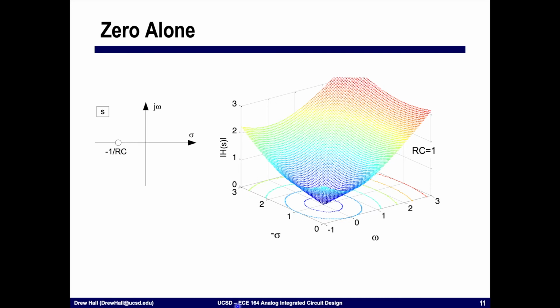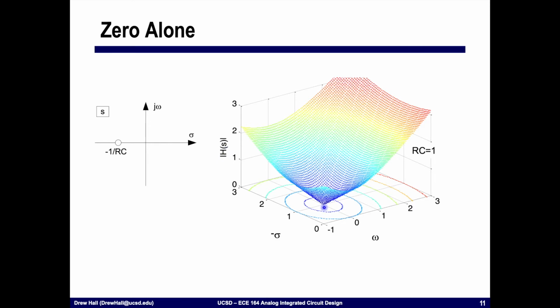If I consider only a zero, let's start with one zero right on the real axis at minus 1 over RC. What this literally means for our magnitude plot is that at that particular point, the transfer function goes to 0.